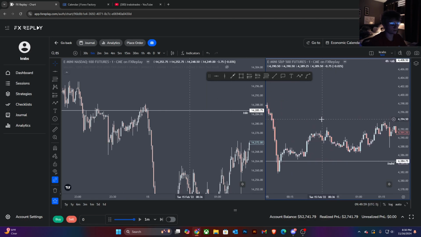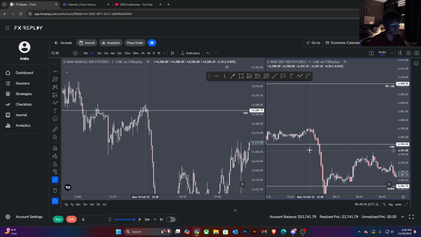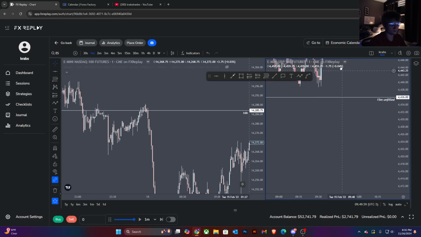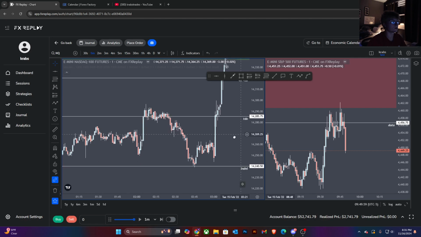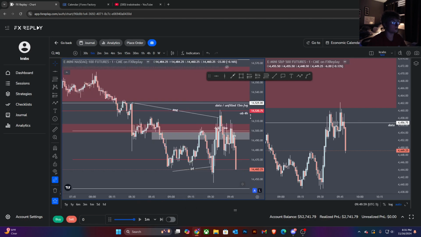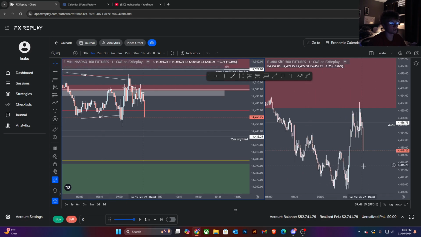Around here. True day open far below. Does look like ES might be tapping equilibrium here.